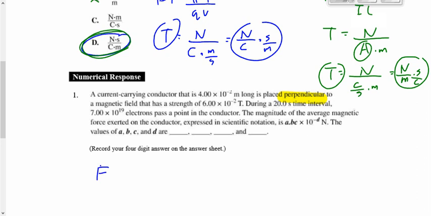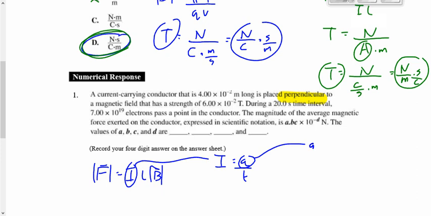All right. The force on a conductor is ILB, but I don't know what I is. So I have to find I using Q over T. But I don't know what Q is. So I'm going to find Q by saying I get this many electrons, 7 times 10 to the 19 electrons, times the charge of 1 electron. So whatever that works out to be for our charge, we sub in here.